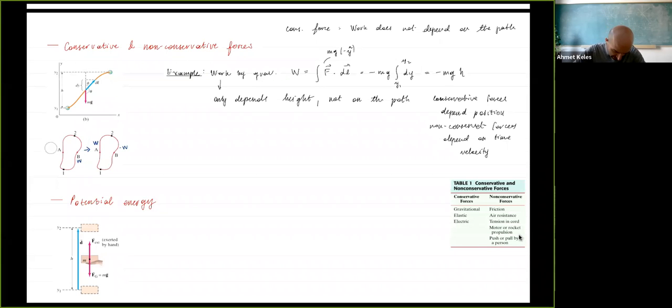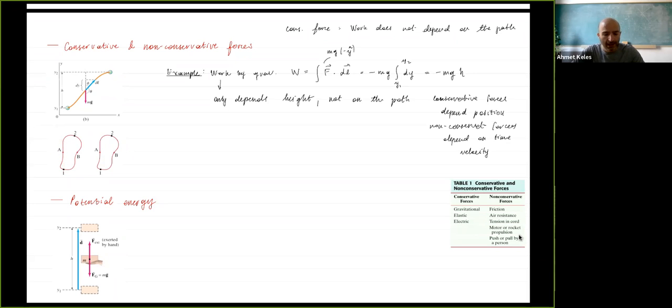Let's consider these two examples. I want to consider an object at position 1, and I want to displace this object to position 2. I'm assuming there are only conservative forces. It could be gravity, it could be whatever.